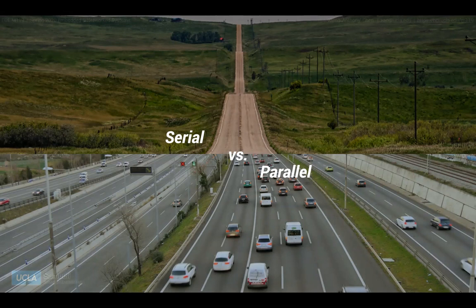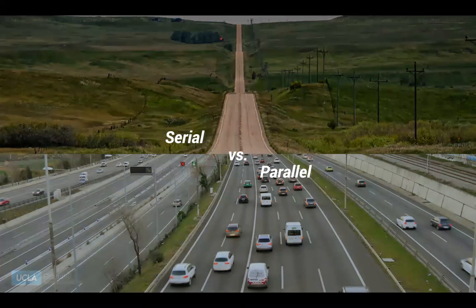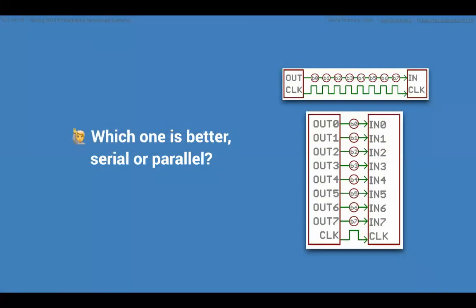So naturally, maybe these two images are biasing you, you prefer to drive on a multi-lane highway so you can increase the throughput of your traffic. But in reality, there are other considerations in choosing between serial or parallel.